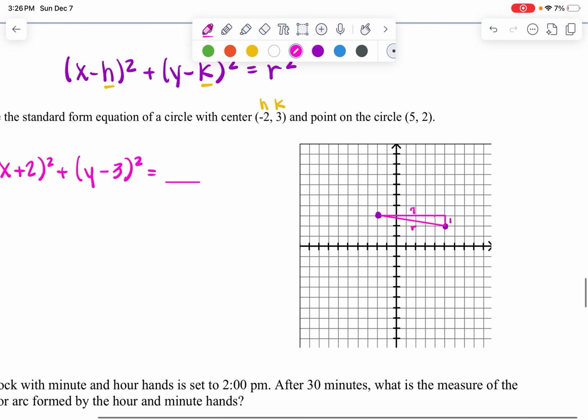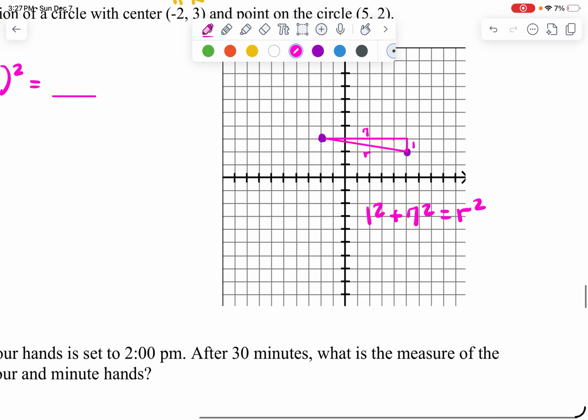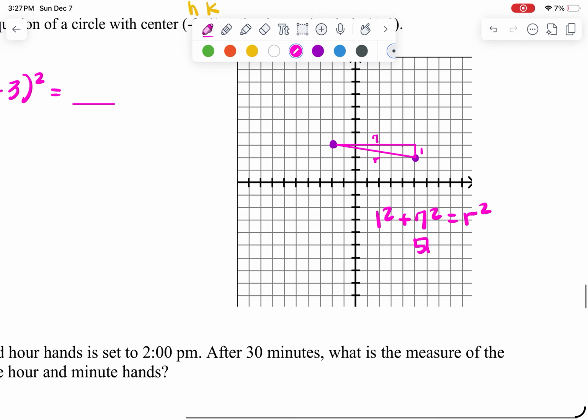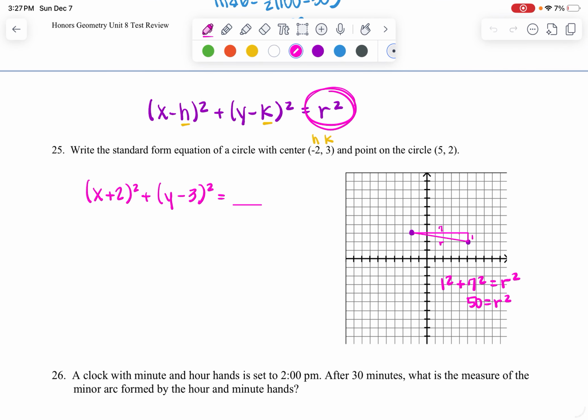So I'm going to do a quick little Pythagorean theorem: 1 squared plus 7 squared equals r squared. And you don't even have to solve for r because we want r squared, right? So that's 1 plus 49, which is 50. We're used to solving for r, but you don't have to. I want r squared, that's my formula. So I'm literally done. I'm just going to put 50 right here.